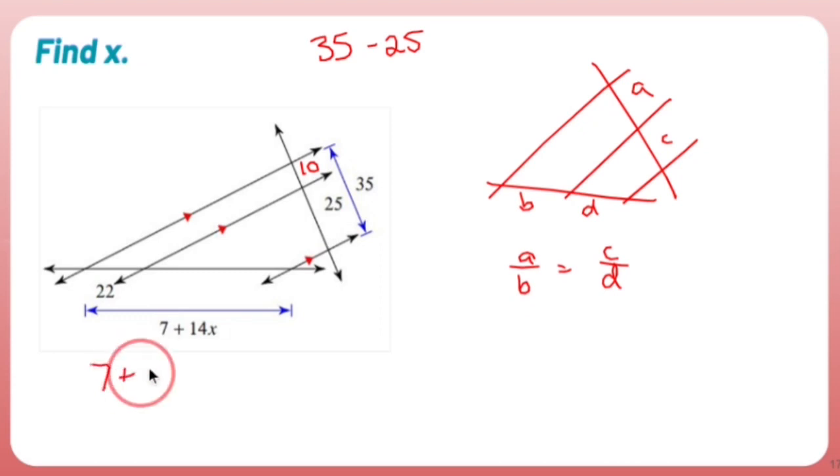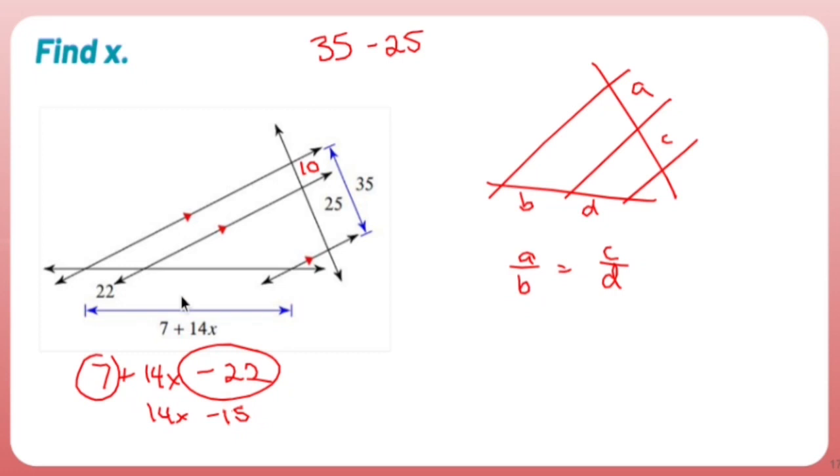In other words, 7 plus 14x minus 22, which is 14x combined like terms, negative 15. So I'll call you 14x minus 15. Now I can set up A over B, 10 over 22, equals C over D, 25 over 14x minus 15.